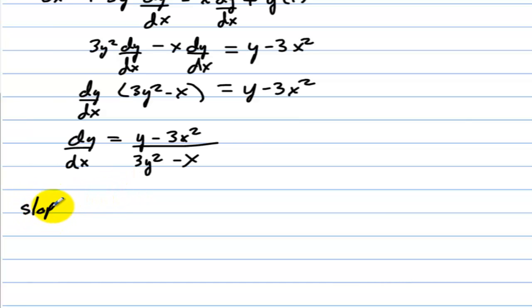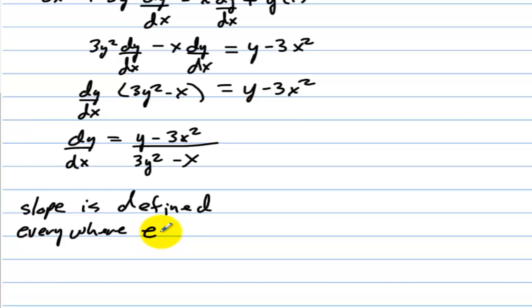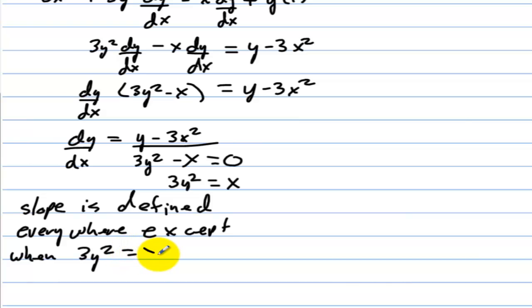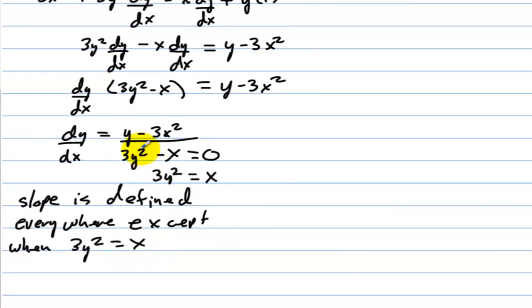So slope is defined everywhere except when, well, we set this denominator equal to 0, and we find out that the denominator is equal to 0 when 3y squared equals x. So the slope is defined everywhere except when 3y squared is equal to x. When that happens, the denominator will be 0.